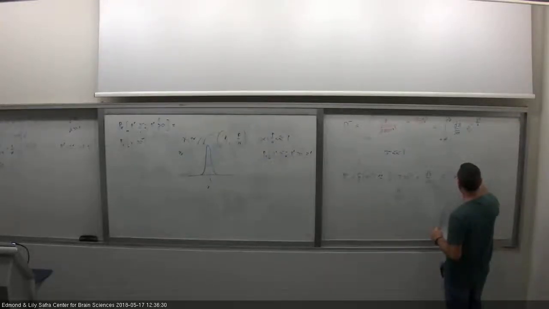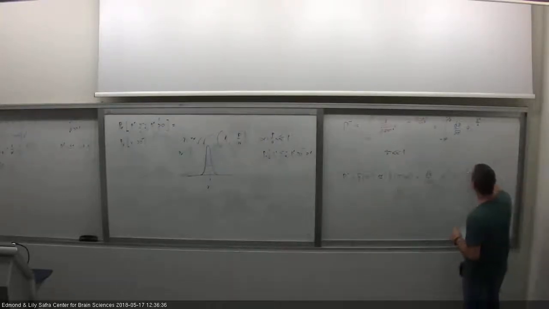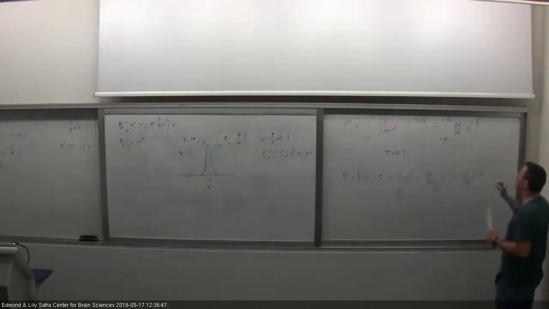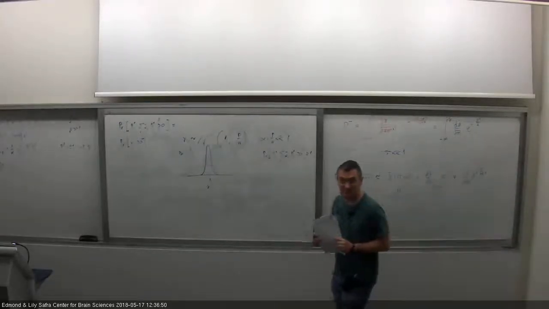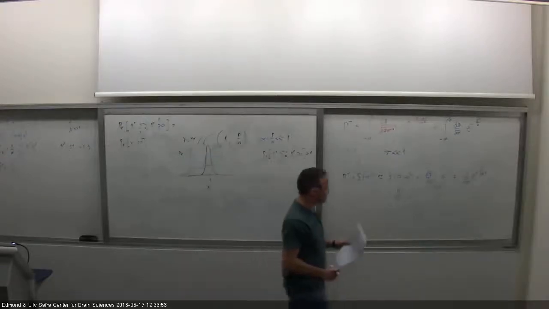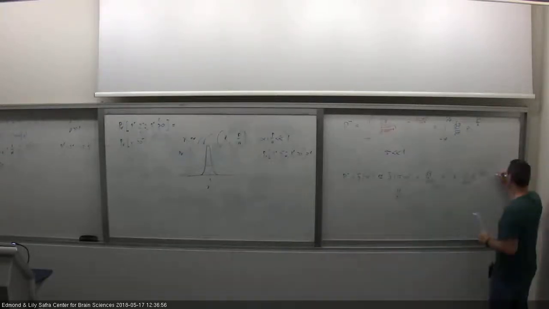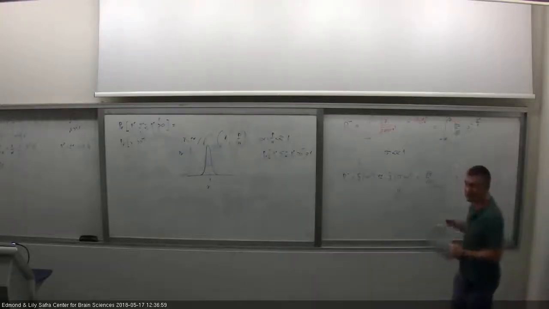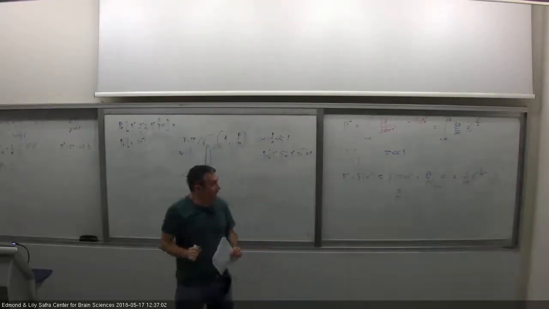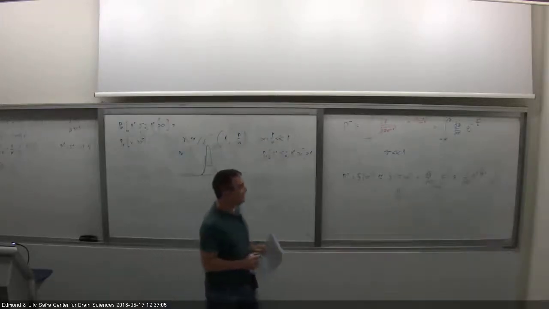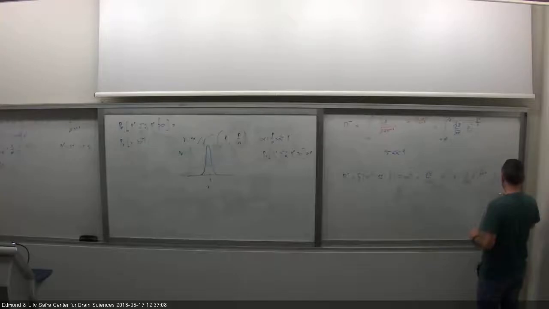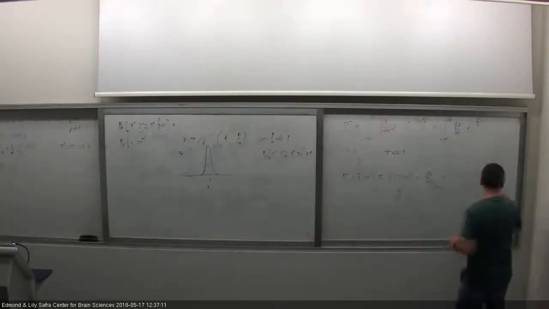So this would be 1 over square root of 2 pi, e to the minus 1 over 2 sigma squared, times the derivative of minus 1 over sigma, which is 1 over sigma squared. Okay, and we are interested in this at the limit of sigma being equal to 0.